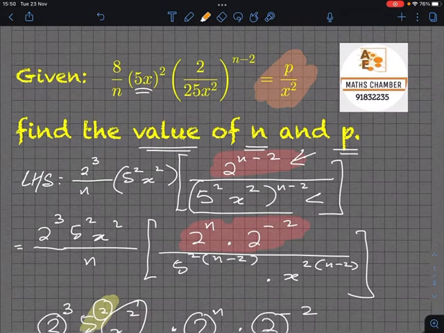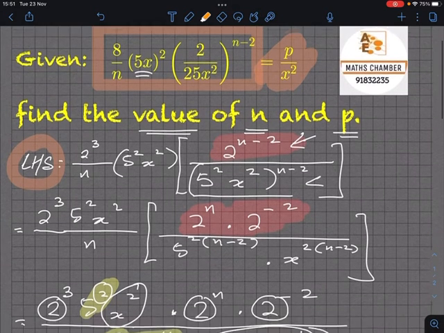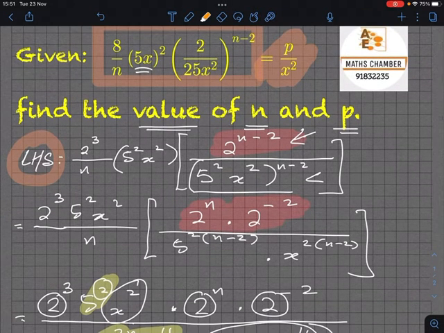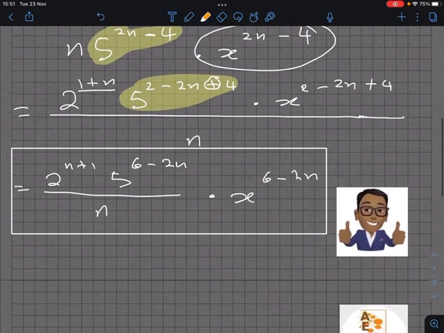The whole expression that we have done here, we have expanded them. The left hand side we have expanded. We have to make sure our left hand side looks similar to our right hand side, which is equal to p over x squared. So that's why I split them up.